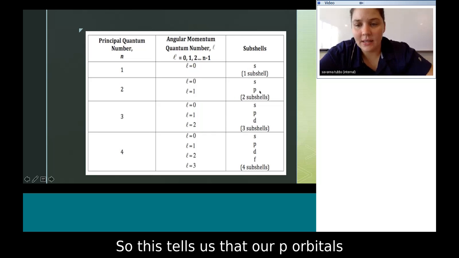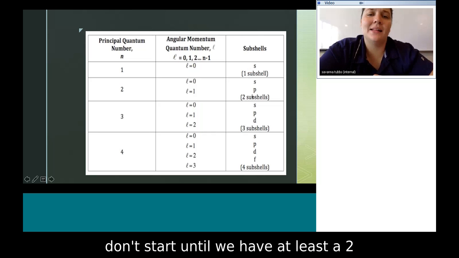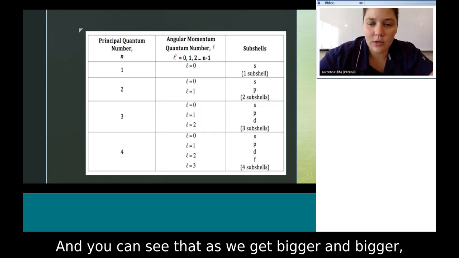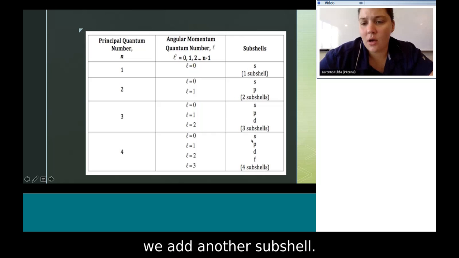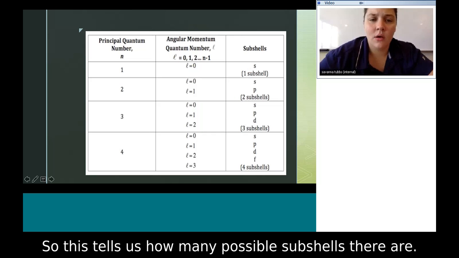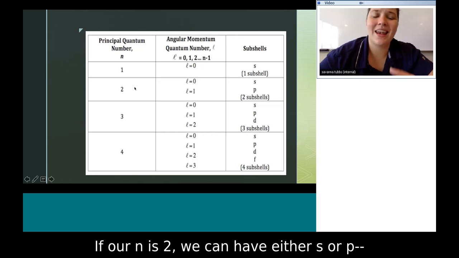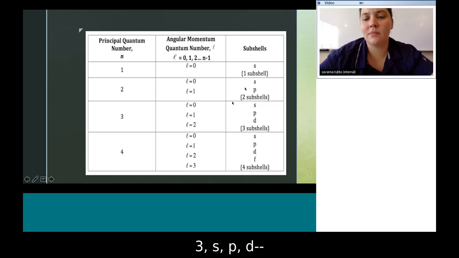So this tells us that our p orbitals don't start until we have at least a 2 for our principal quantum number. As we get bigger and bigger, we add another subshell. This tells us how many possible subshells there are. If our n is 1, we can only have an s orbital. If our n is 2, we can have either s or p, 3 spd, 4 spdf.